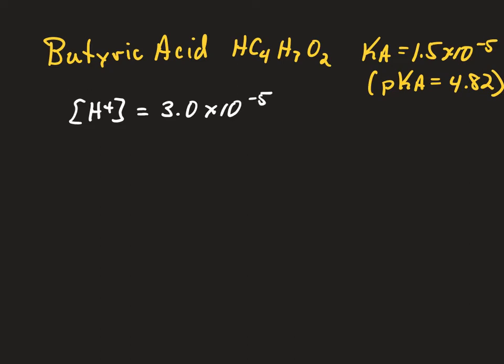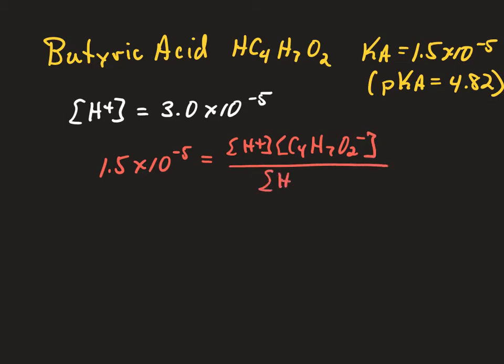Well, if we use our Ka expression, we know that the 1.5 times 10 to the minus 5 is going to be equal to the concentration of hydrogen ions times the concentration of butyrate ions divided by the concentration of undissociated butyric acid. But we know the concentration of hydrogen ions, so we can substitute that in there.